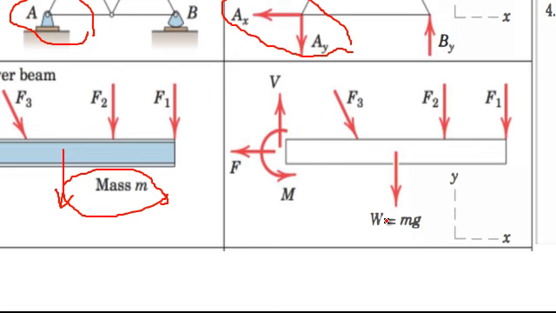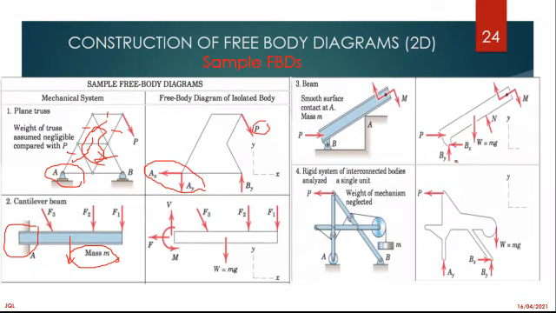Then when we go to the other beam there, when you look at B, what do I have at B? That's a pin connection. For a pin connection, I also need the vertical and the horizontal reaction, which are represented as BY and BX. Of course, I also need the member itself. And let me not forget the mass of the member.